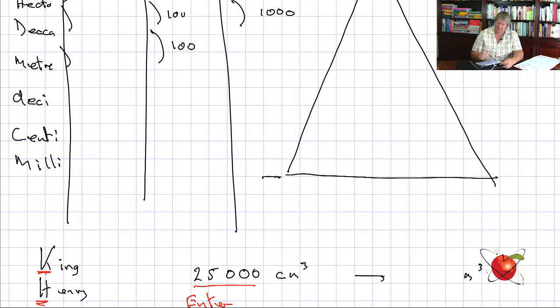We're going to enter at the centi level because we're given centimeters cubed, and we're on volume. Where do we want to get off? We want to get off the mountain when we get to meters cubed, so we're going all the way up to there. We say we're going 1, 2 steps.